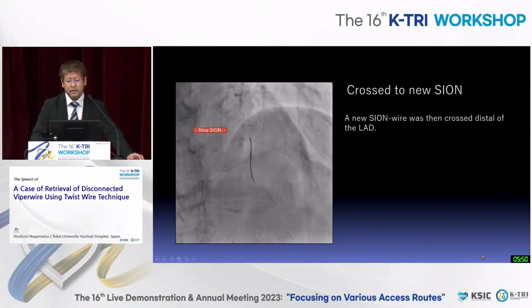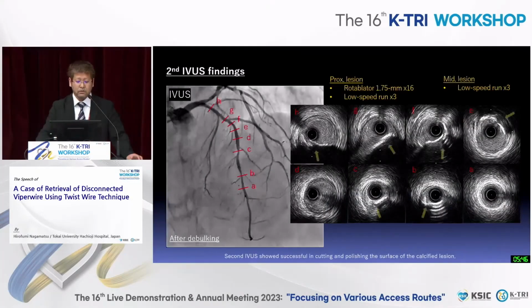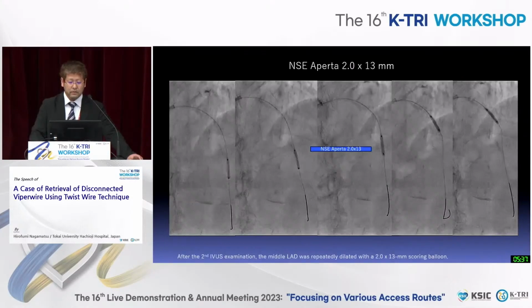A new Sion wire was then crossed to the distal LAD, and the second IVUS showed successful cutting and polishing of the surface of the calcified regions. After the second IVUS examination, the middle LAD was repeatedly dilated with a 2.5 by 30 mm scoring balloon.